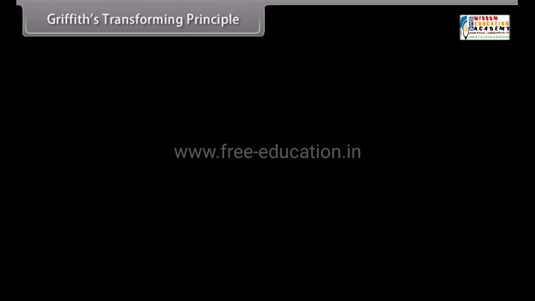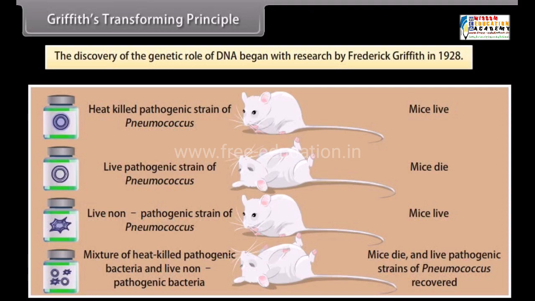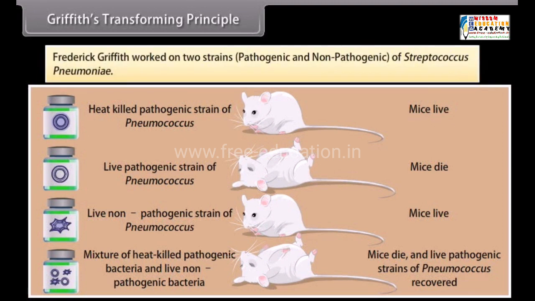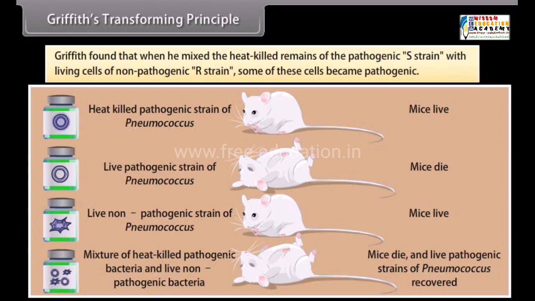Griffith's transforming principle. The discovery of the genetic role of DNA began with research by Frederick Griffith in 1928. Frederick Griffith worked on two strains, pathogenic and non-pathogenic, of Streptococcus pneumoniae. Griffith found that when he mixed the heat-killed remains of the pathogenic S strain with living cells of the non-pathogenic R strain, some of these cells became pathogenic.